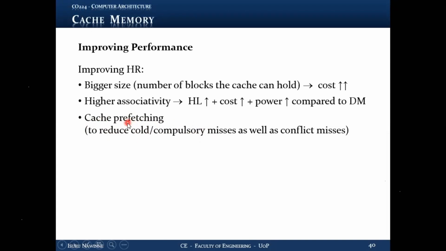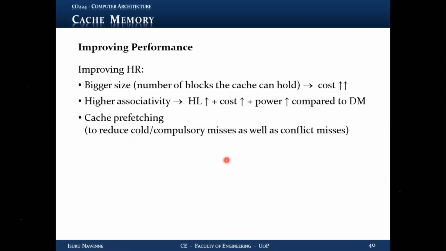So that is one technique or a set of techniques you can use to reduce cold compulsory misses as well as conflict misses by fetching certain pieces of data into the cache before the CPU actually asks for them. Some interesting techniques are available under that topic.